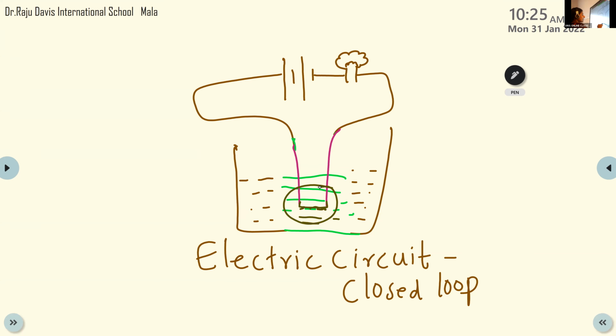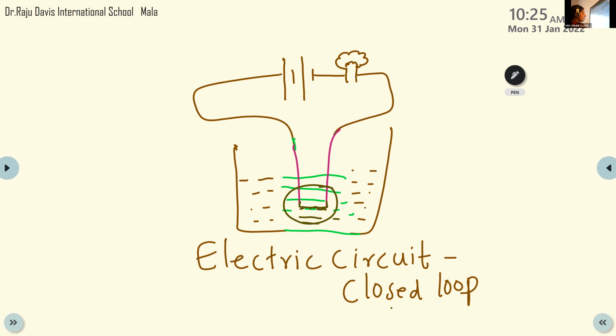Is there any path of electricity through this way? No, ma'am. So that time it is not closed, but when the liquid is contacting, there is a passage of electricity through this way. Clear? Yes, ma'am.